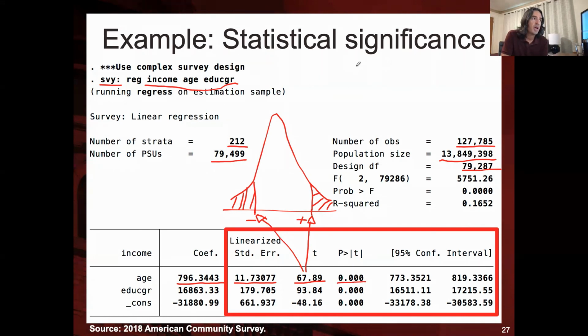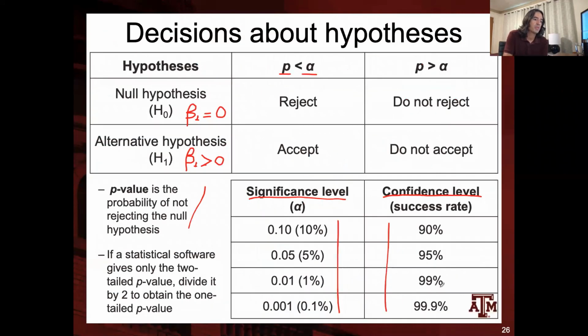If I have a confidence level of 95%, I will have an alpha equal to 0.05, which is in our table, 95. The alpha is 0.05.